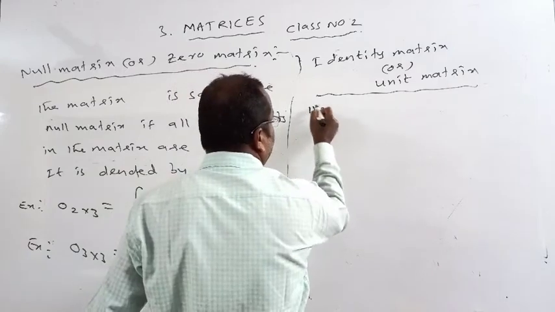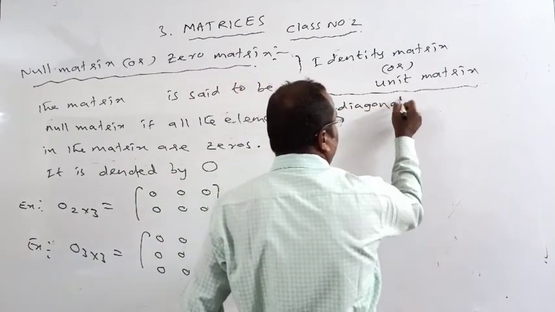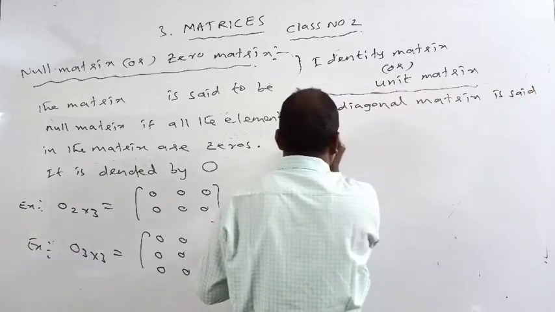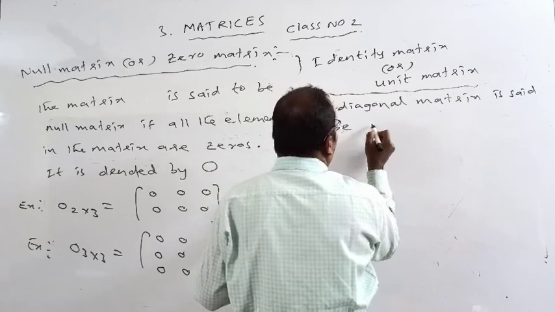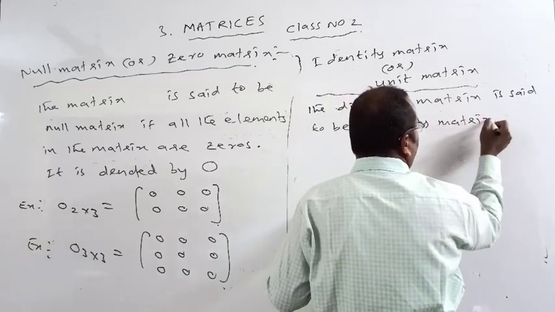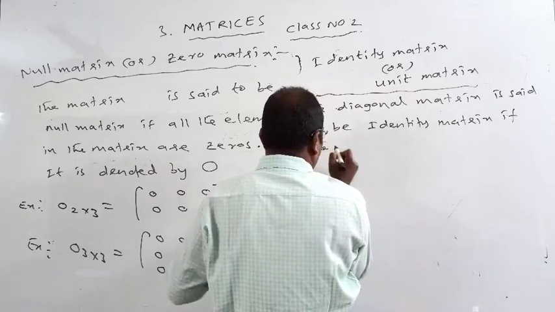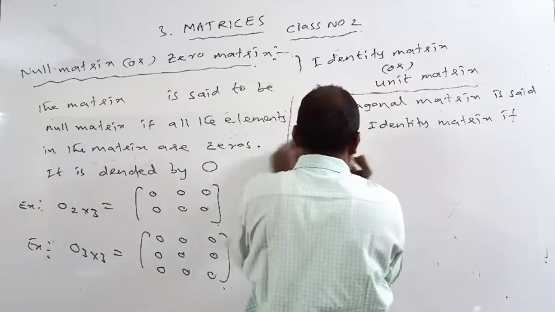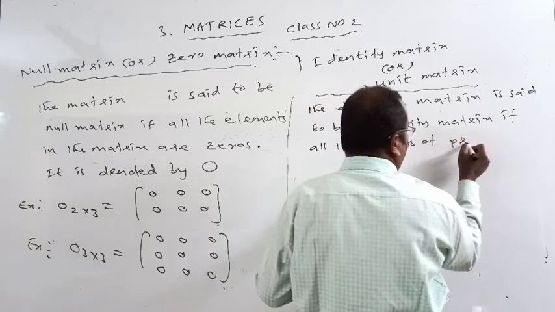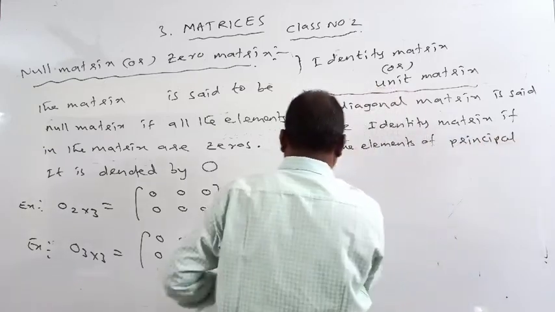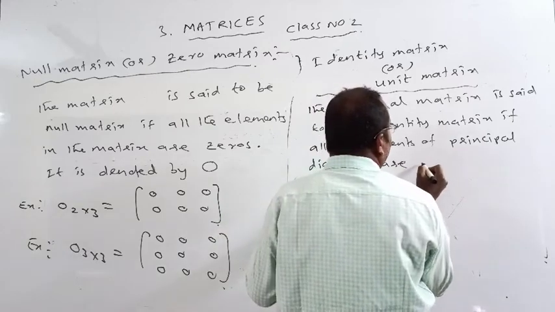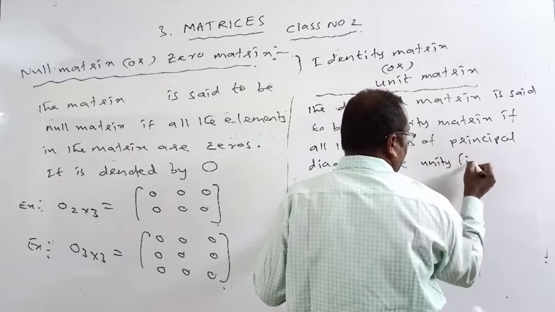So the diagonal matrix is said to be identity matrix if all the elements of the principal diagonal are unity. So that is one.